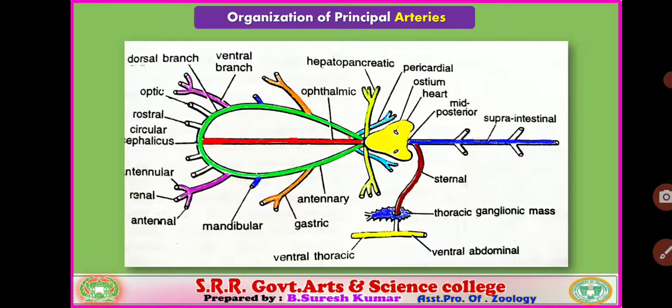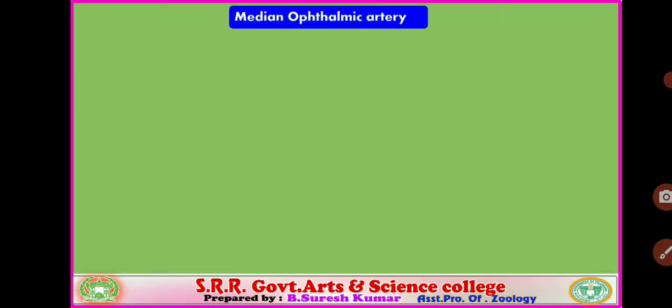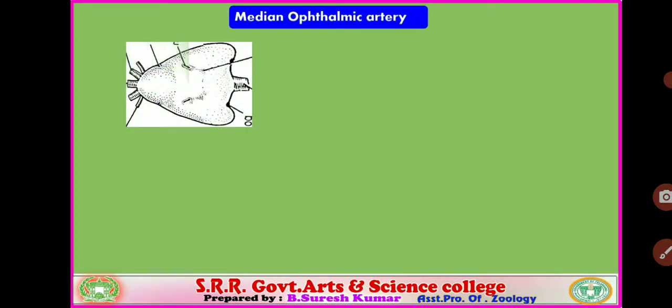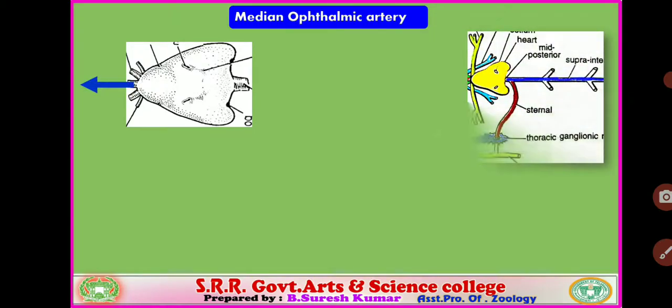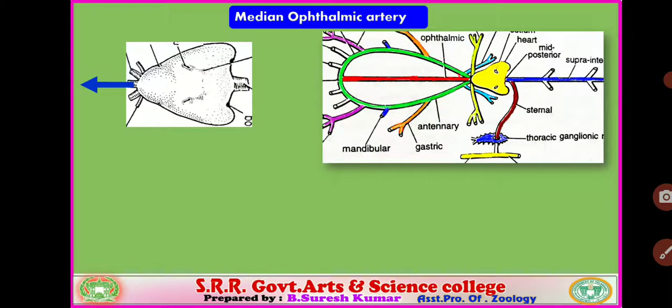So you verify all the major arteries that are associated with the heart of the prawn in this diagram. In detail we will discuss. So first major artery, median ophthalmic artery. You observe the location of median ophthalmic artery, and you have to find the same vessel in this organization.